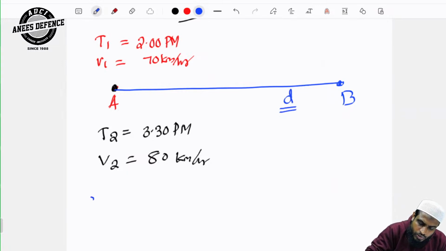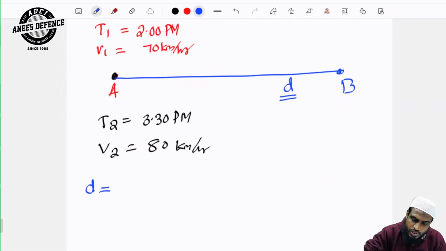So the distance in the first case is after some time, right? At what time will the trains meet? The distance traveled is equal to v1 into the time taken by the first train, t1.